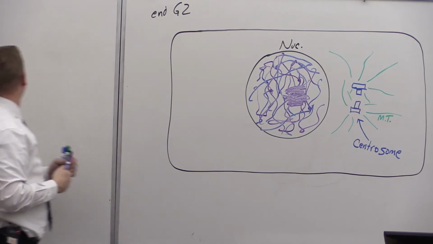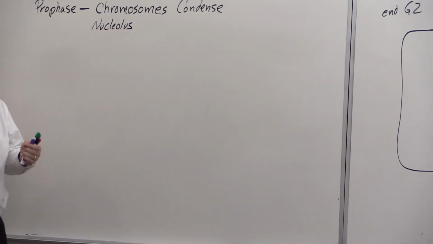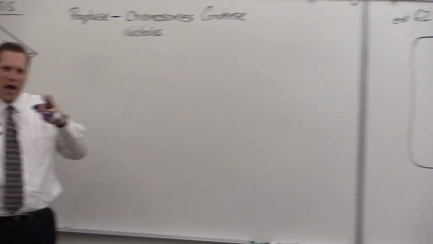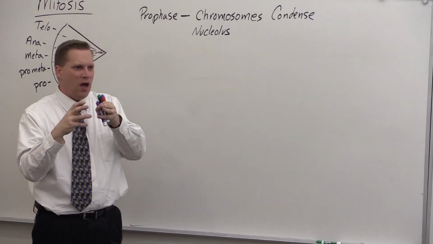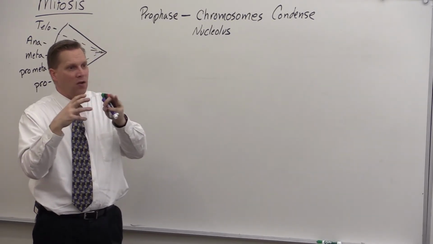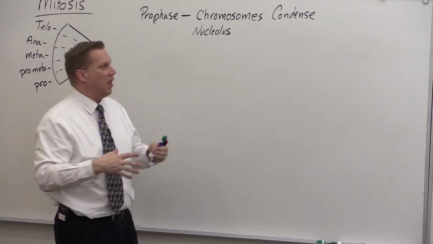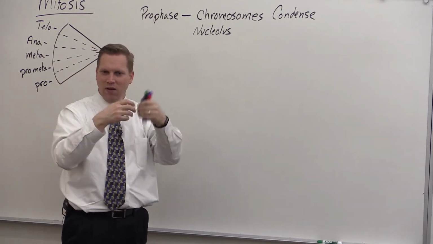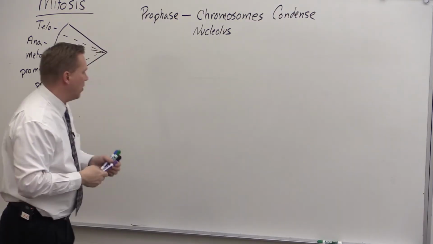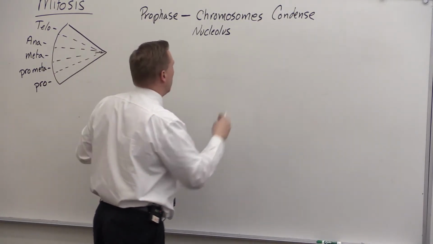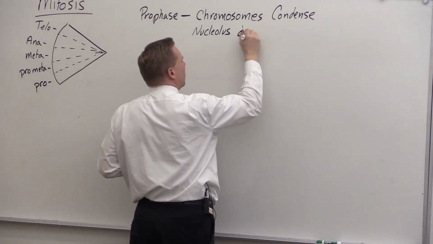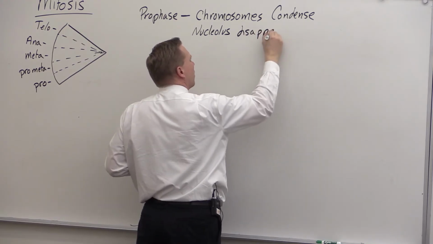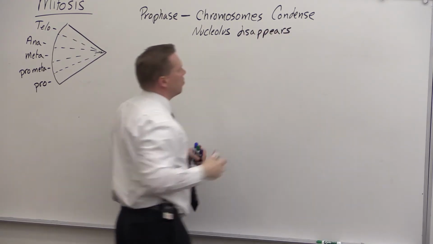You'd see that. It's just a dark spot because you get a high concentration of chromatin in that area due to the making of ribosomes. And so when you condense the chromosomes, then that high concentration gets pulled away, if you will. And so they say that the nucleolus disappears. And that's just what they observe.